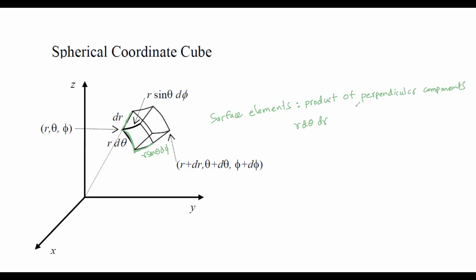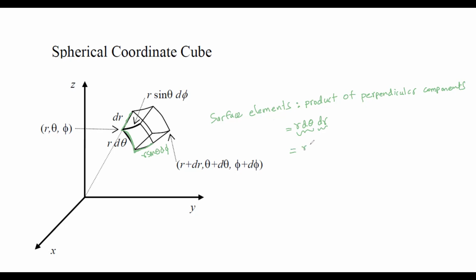Right. So perpendicular component product we take as the surface elements, right? So r d theta and dr are perpendicular components. So we take the product of those components, and that is one surface element, right? That is one surface element.